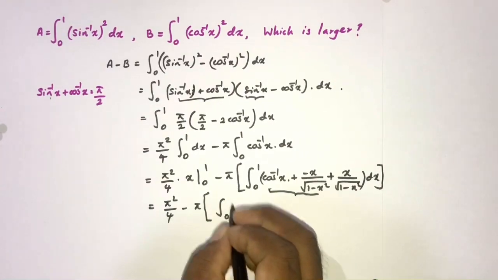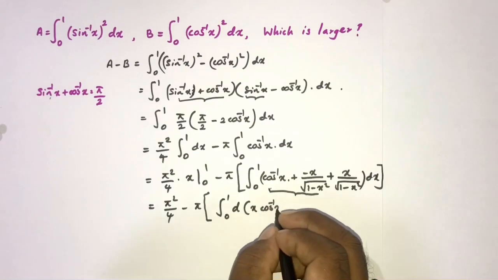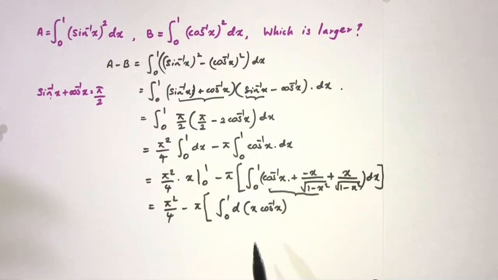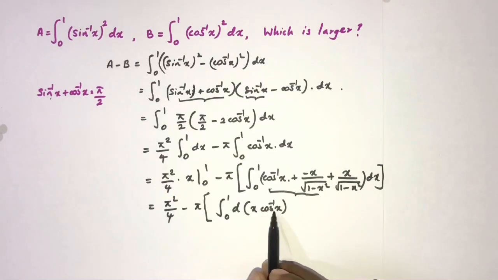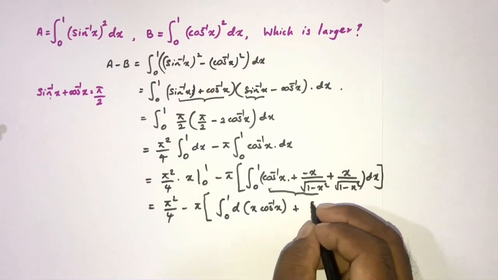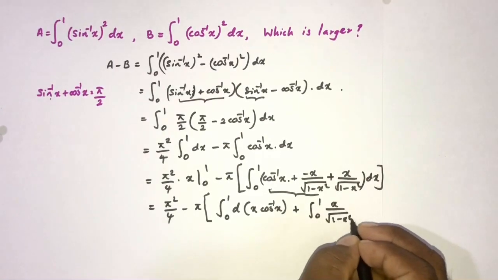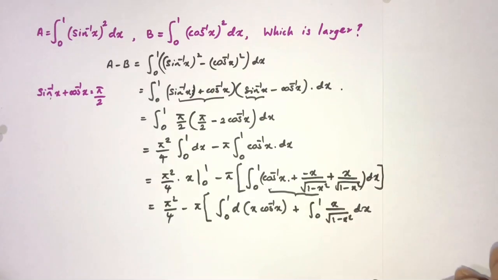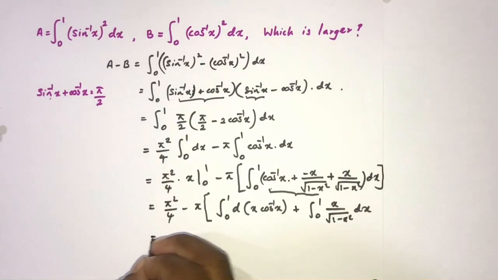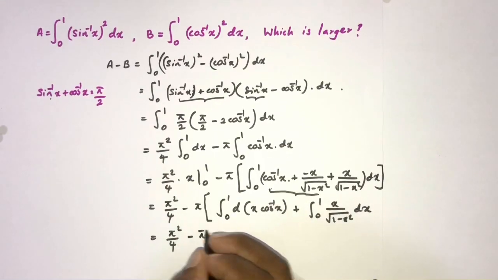We know this is the derivative of x times inverse cosine of x. If you differentiate x times inverse cosine of x by using the product rule, we will have this term, and here we have plus the integral from 0 to 1 of x over the square root of 1 minus x squared dx. Okay, then here pi over 2, here minus pi.